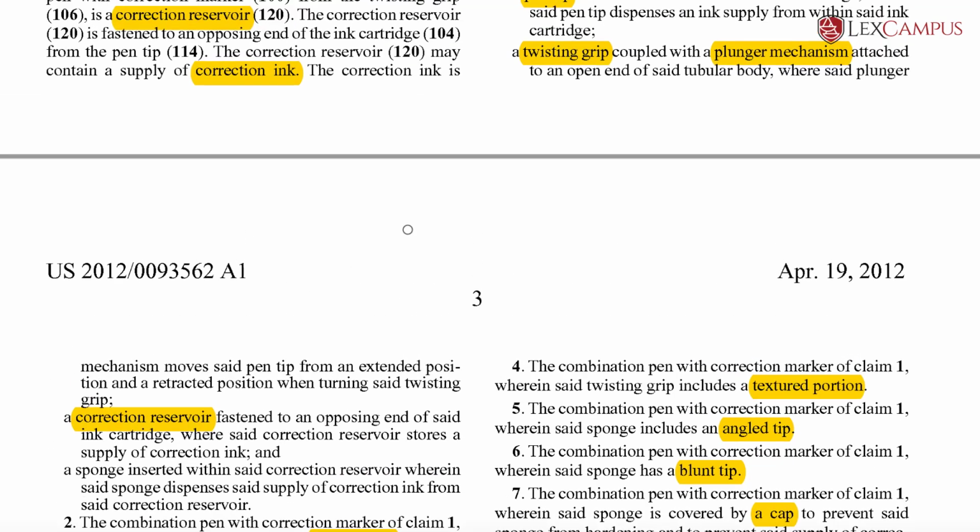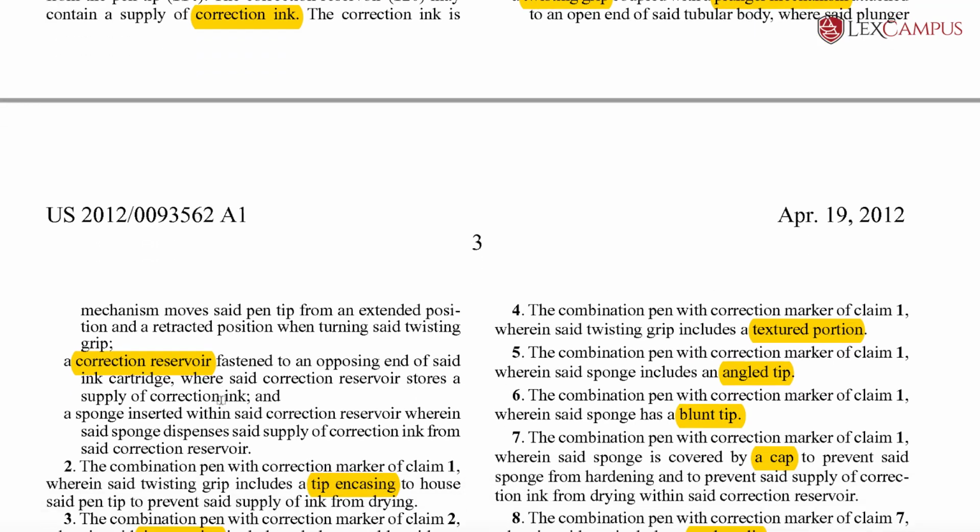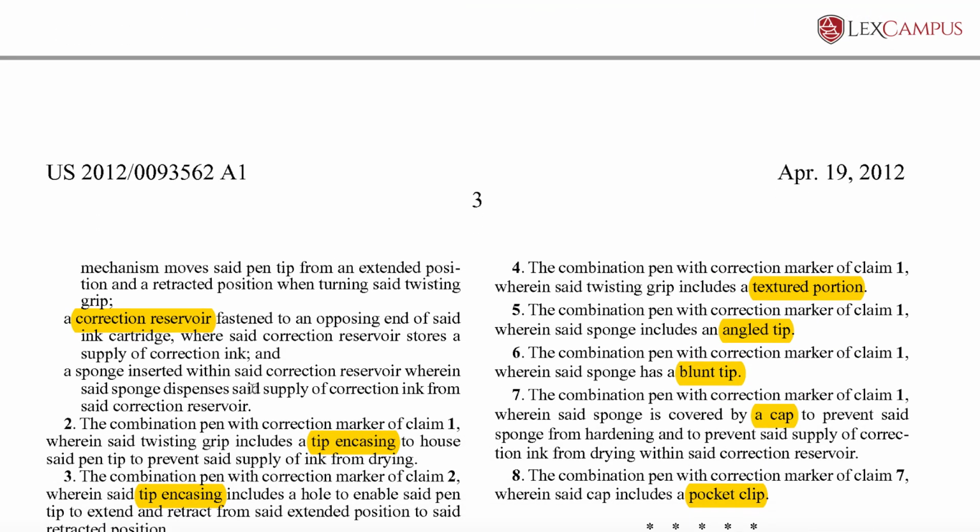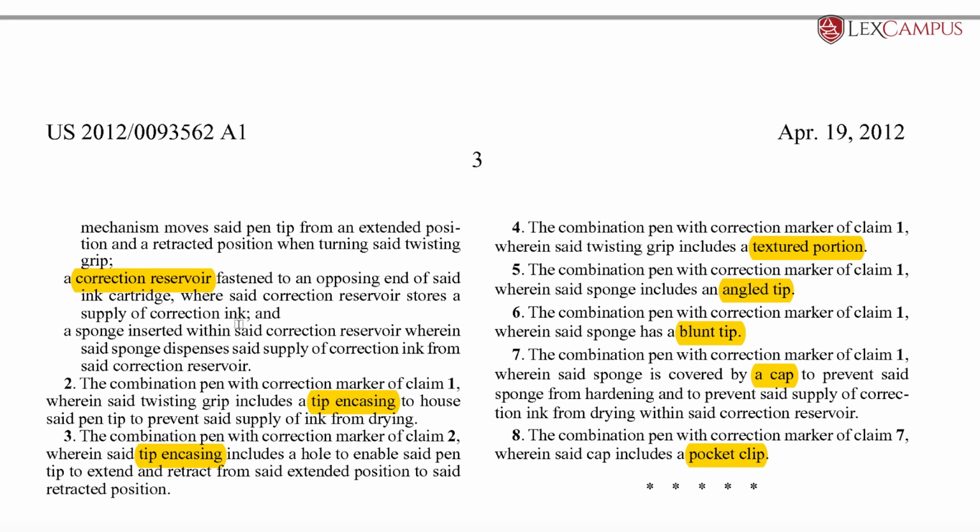Here we had an open end and here they use an opposing end of the said ink cartridge, wherein the said correction reservoir stores a supply of correction ink. So the correction reservoir is recited and the structure is recited, and wherein resides the function. What does it do? It stores the supply ink.